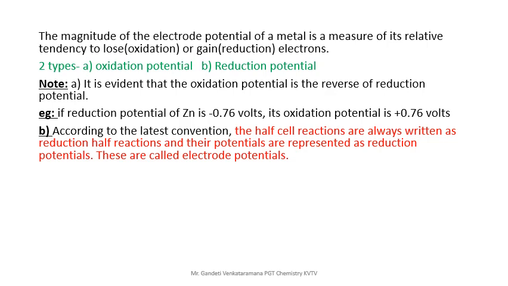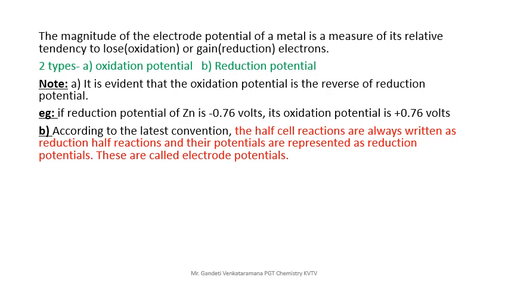Next one. According to the latest convention, this convention is important. According to the latest convention, the half cell reactions are always written as reduction half reactions, and their potentials are represented as reduction potentials only. These are called electrode potentials. Generally electrode potential has two types: oxidation potential and reduction potential.